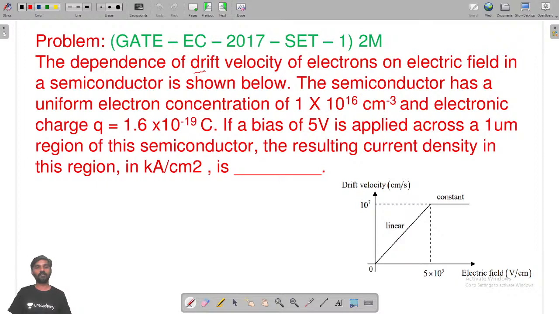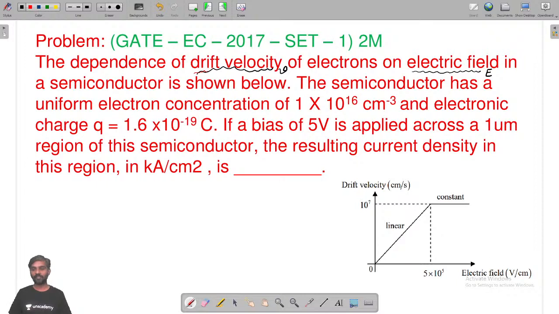Drift velocity V of electrons on electric field E, in the semiconductor shown below.